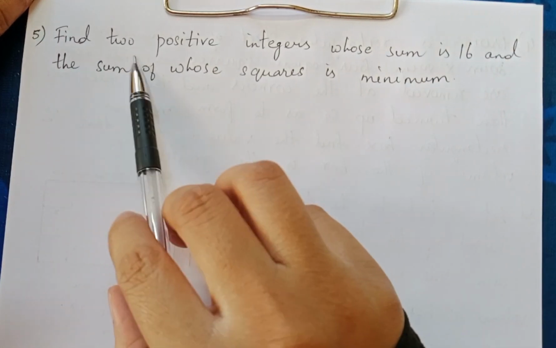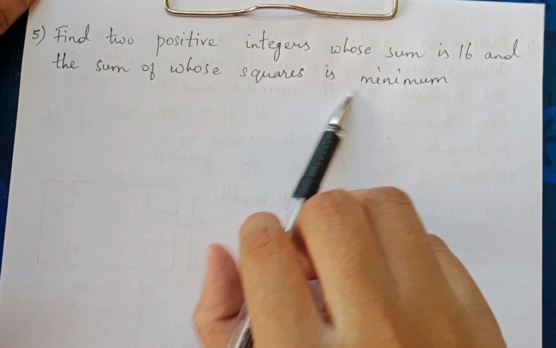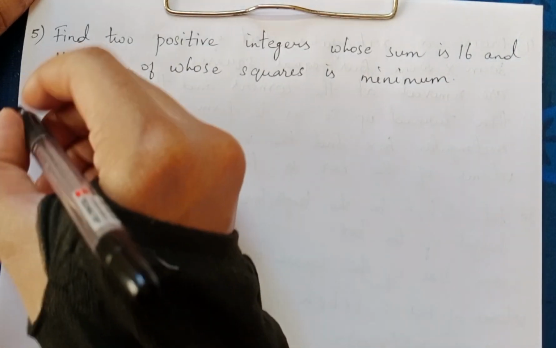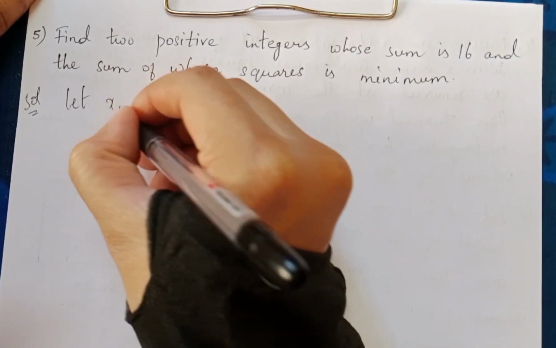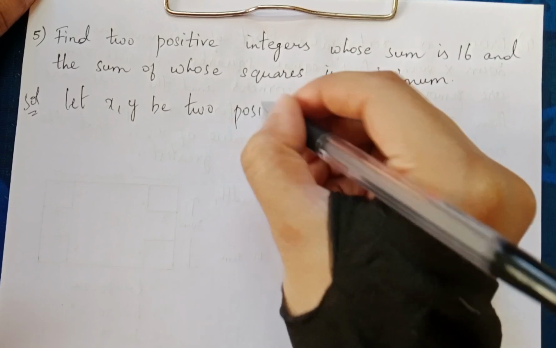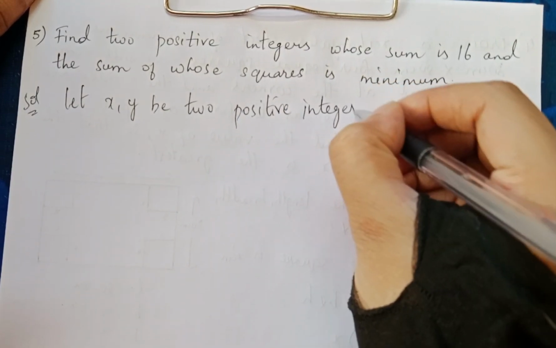Next question is, find two positive integers whose sum is 16 and the sum of whose squares is minimum. So here we have to find two positive integers, so we'll consider them as x and y. Solution: let x, y be two positive integers, right?